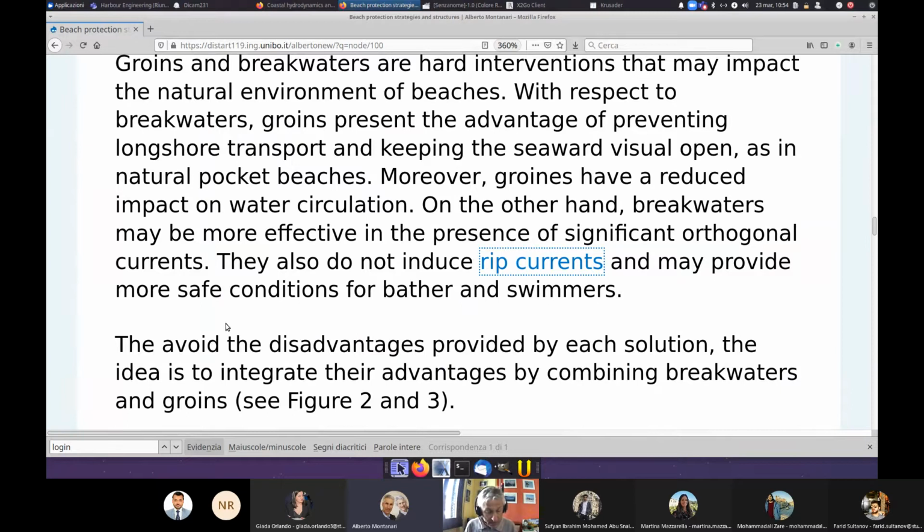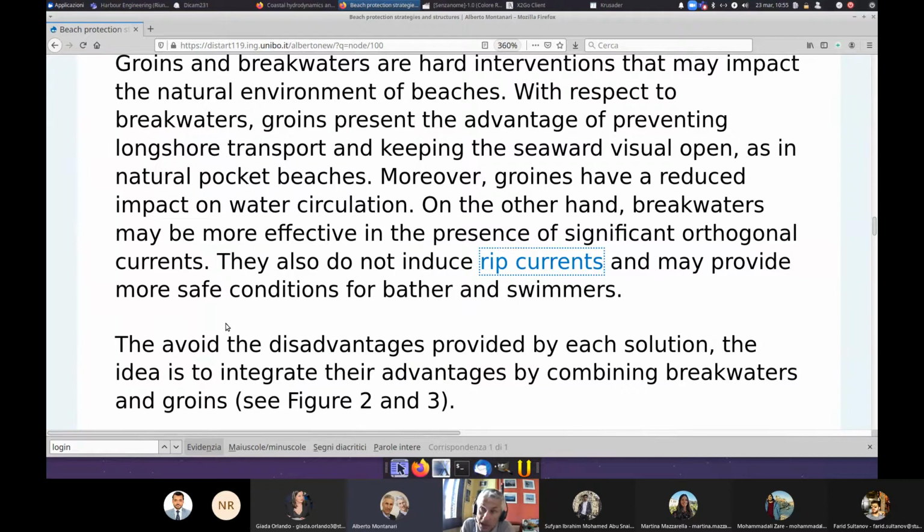On the other hand, one of the nice things, one of the benefits of groins, is that they are more visually friendly. With respect to breakwaters, groins do not limit your view of the open sea.